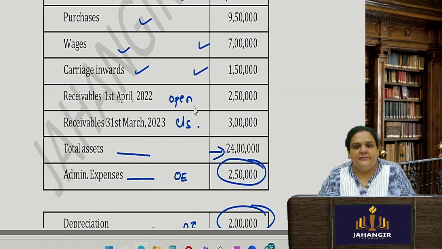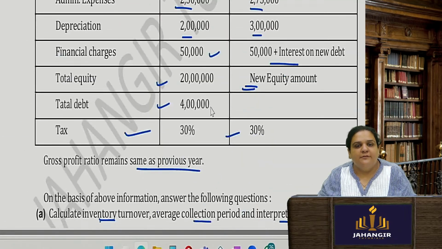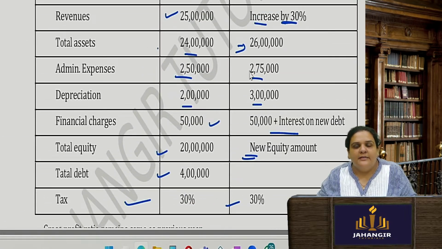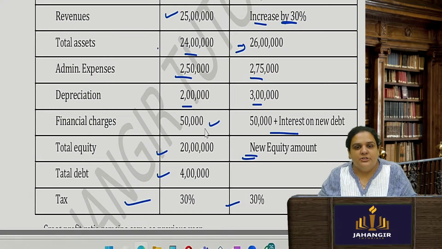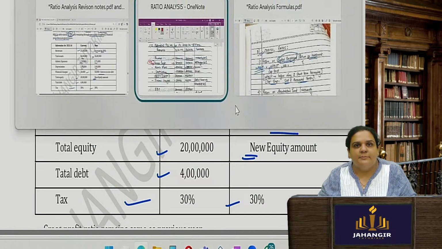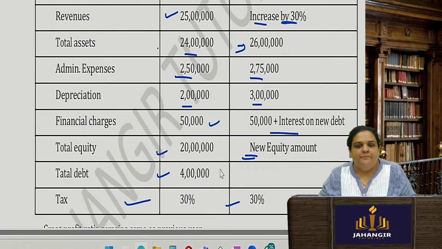Administration expenses, earlier it was 2,50,000, now it has become 2,75,000. This is given. Depreciation was 2 lakhs, now it has become 3 lakhs. This is also given. So my EBIT, earnings before interest and tax, earlier it was 3,50,000, now it is 4,75,000.